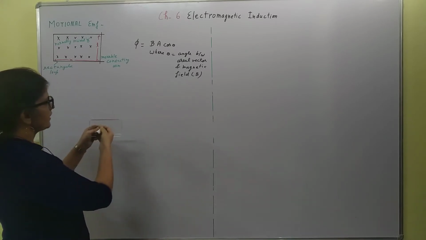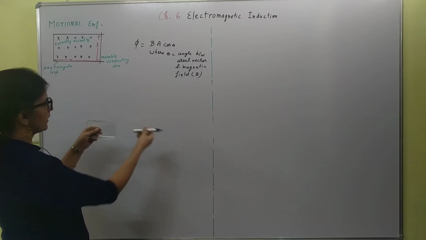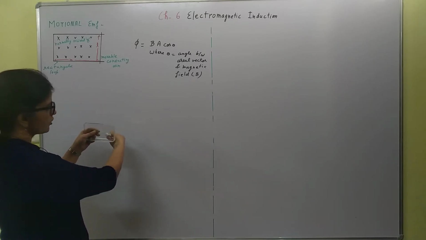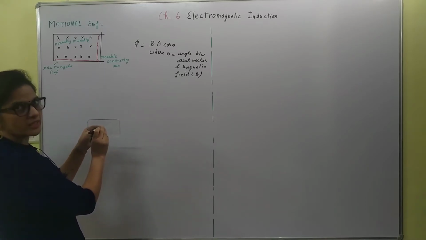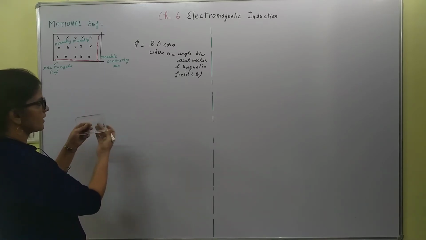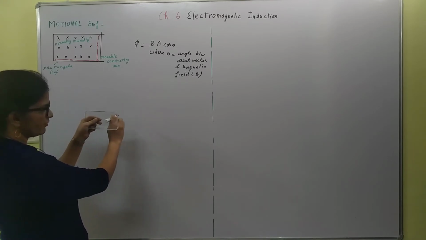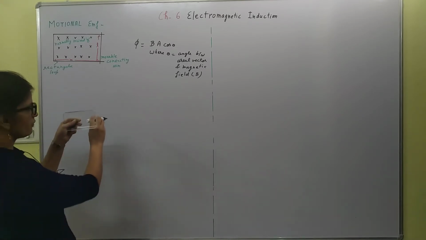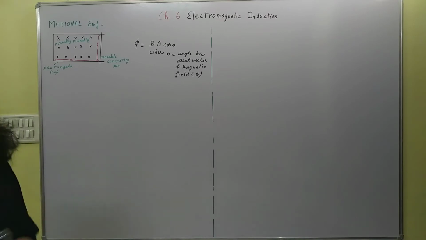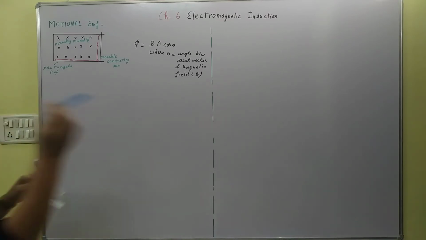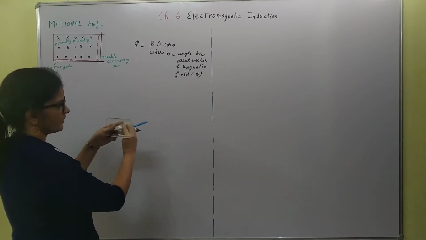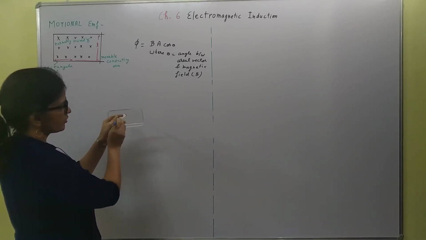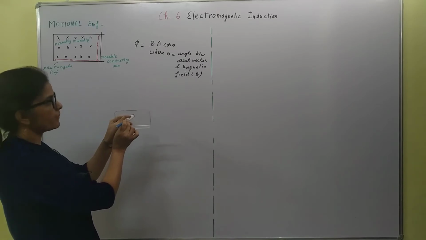In case we are considering the areal vector this way, then the magnetic field is opposite. So in this case, the angle between magnetic field and areal vector will be 180 degrees. But in case we are taking the same face, the areal vector and the magnetic field are in the same direction. In case we are taking the areal vector this way, the areal vector and magnetic field are in opposite direction.